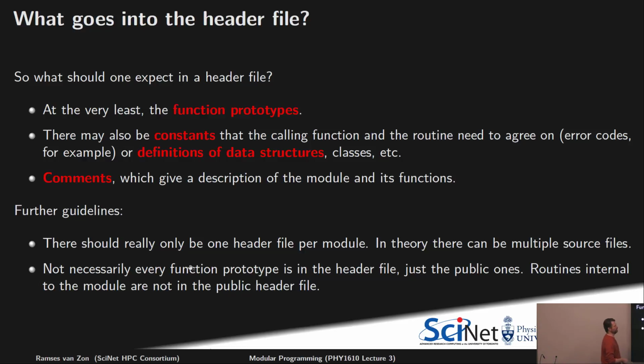So suppose there is a specific function that writes a space to a file. A little bit silly. But we don't want programmers to use it on the outside. It's just used within our own functions. Then we only have to have that function in the implementation. It doesn't have to be in the interface. It doesn't have to be in the header file. Not everything that's in your source file has to have a prototype in a header file. Only those that are needed for using the module. Okay.